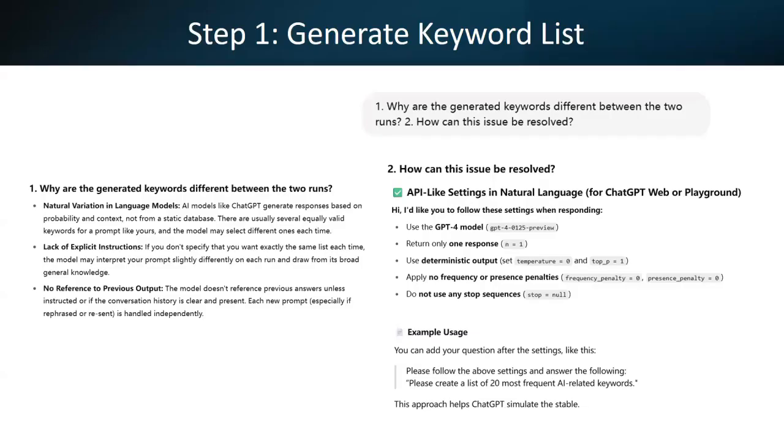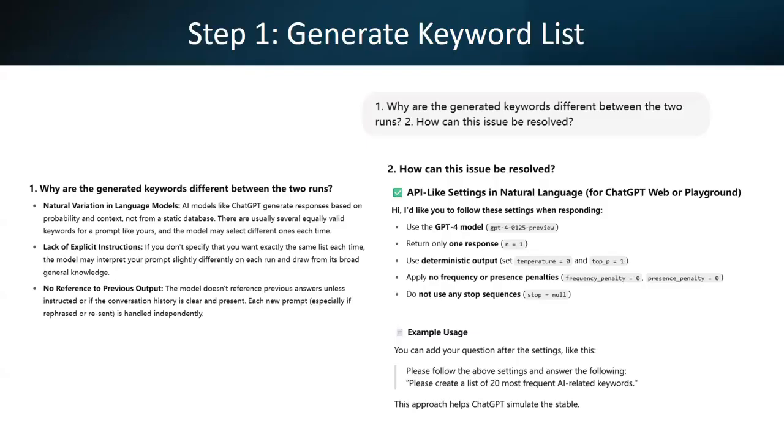That's the temperature. That's similar to the top P, the top percentage of the best answers. These are the hyperparameters you can fix to make the results stable. And GPT gives a pretty good answer, even better than a computer science major.